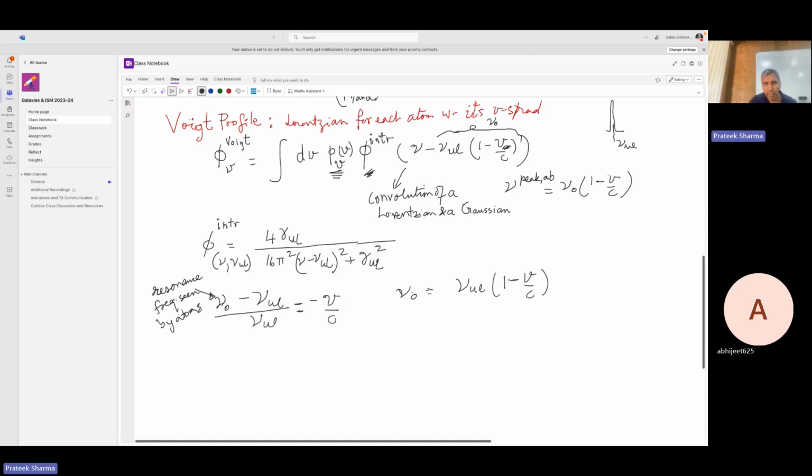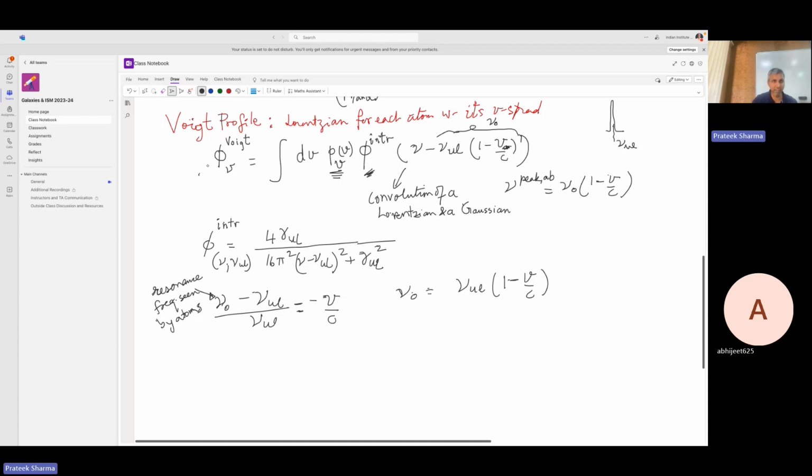Sorry, this is just v. So this is phi intrinsic of nu minus nu naught. Nu naught is the resonance frequency seen by the atom, which is moving with velocity v. So there is a one-to-one mapping between nu naught and v.